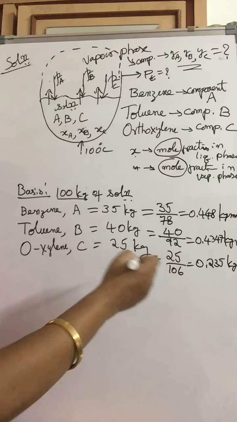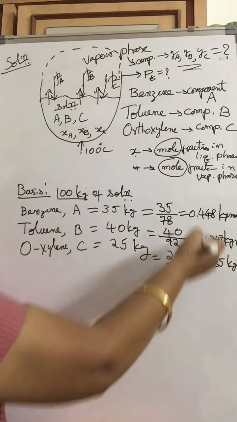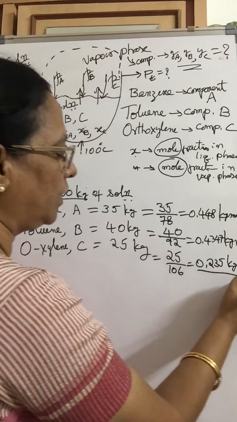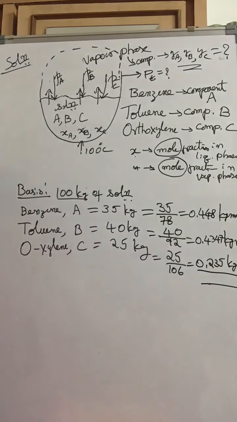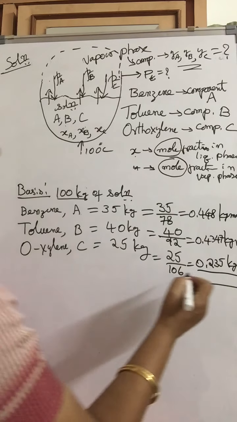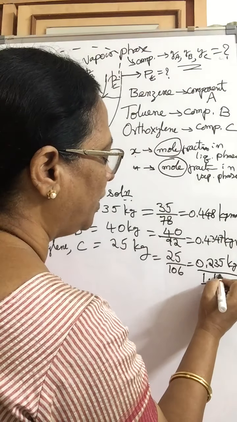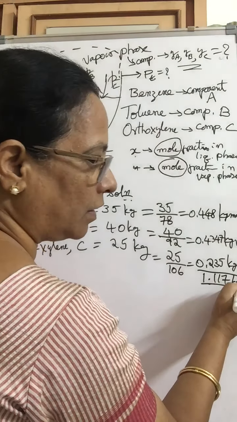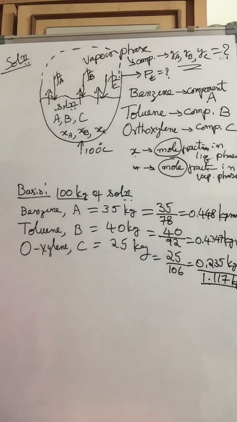Like this, first we calculated the number of moles. Then calculate total moles. The total moles are 1.117 kg moles. Okay.